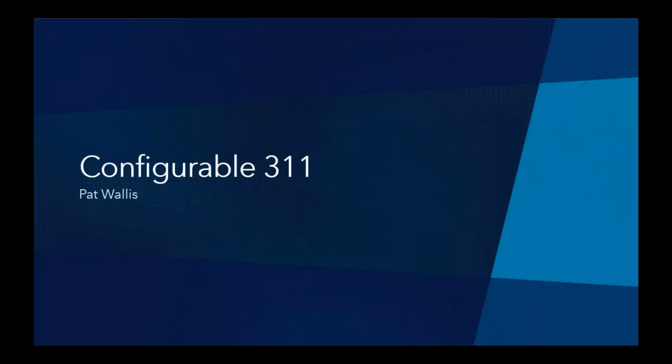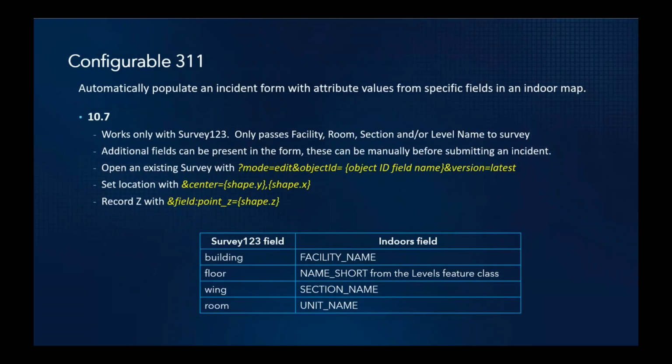And one last thing I want to go over is the configurable 311 that works on both mobile and web. In the first release, it only worked with Survey123. And as long as you had the building, floor, wing, and room fields in your Survey123 form, it would populate data from your indoor map directly into the form.